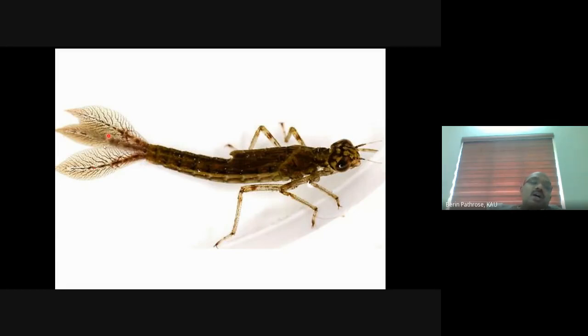These two are the cerci, and you can see these cerci are modified into gill-like structures for respiratory purpose. The modification into gills is for increasing the surface area for gaseous exchange, so the cerci is modified into a gill-like structure in young ones of damselflies.